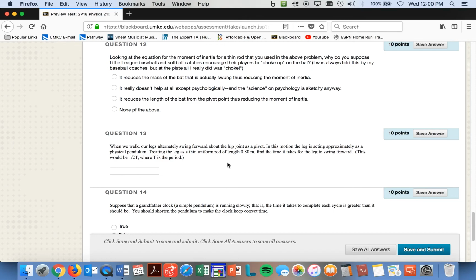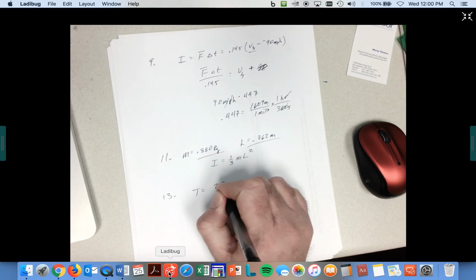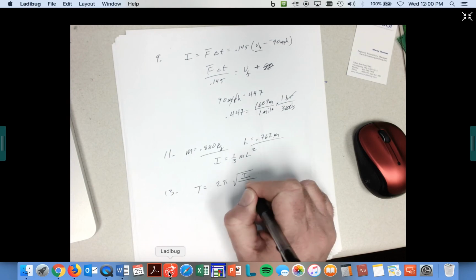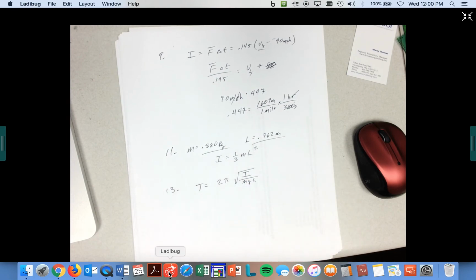Because the period of a thin pendulum, T, is equal to 2 pi times the square root of I divided by mgl. You could go ahead and just calculate what I is. No, you don't want to do that because they didn't give you the mass.